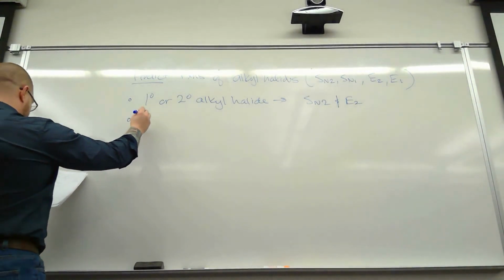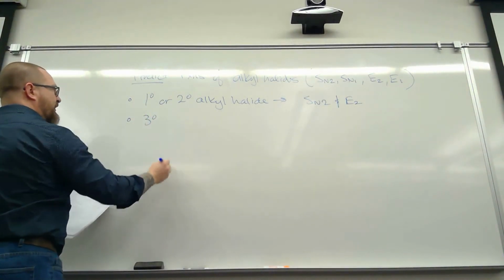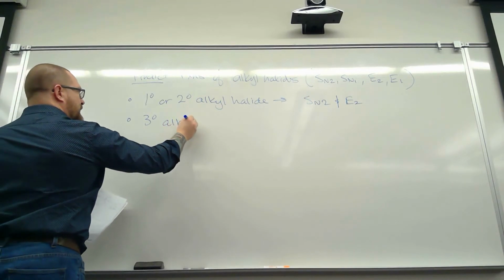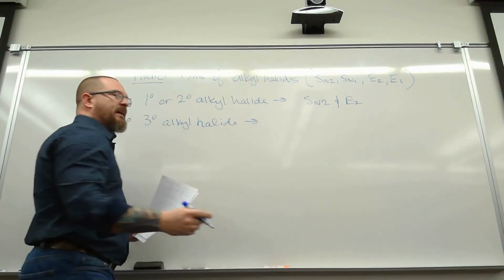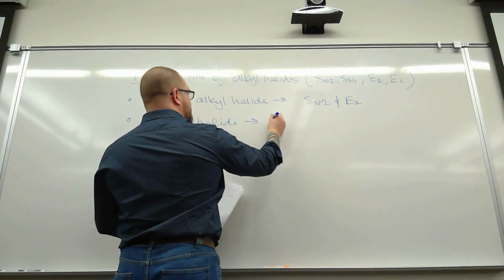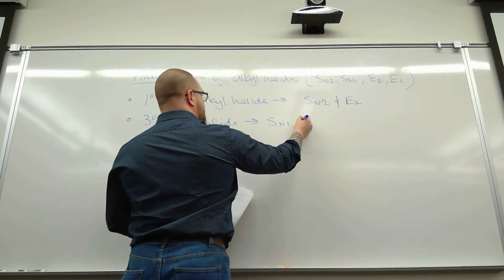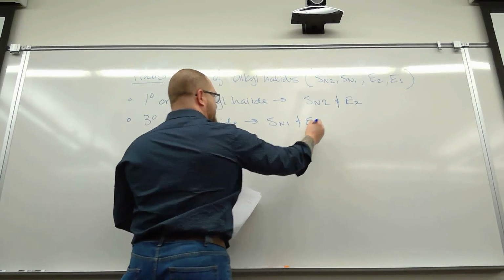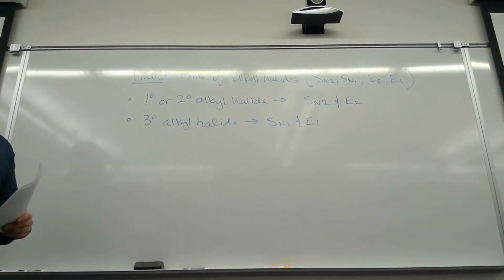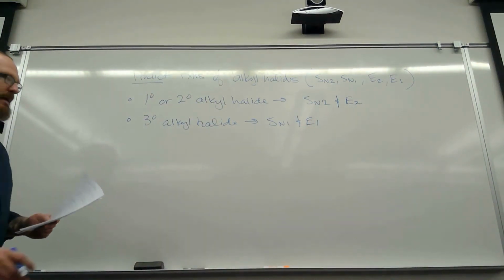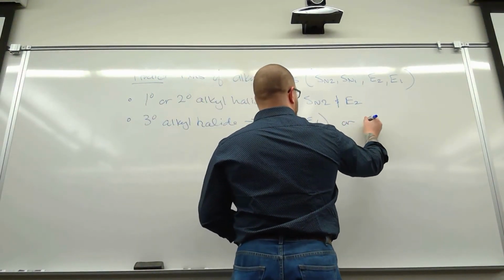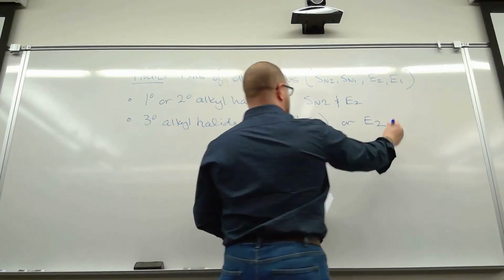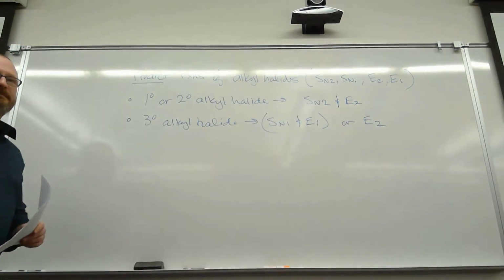And generally, if you have tertiary, you can have SN1 and E1, not SN2, and E2 with a strong base. But not SN2. None of this. Got it.